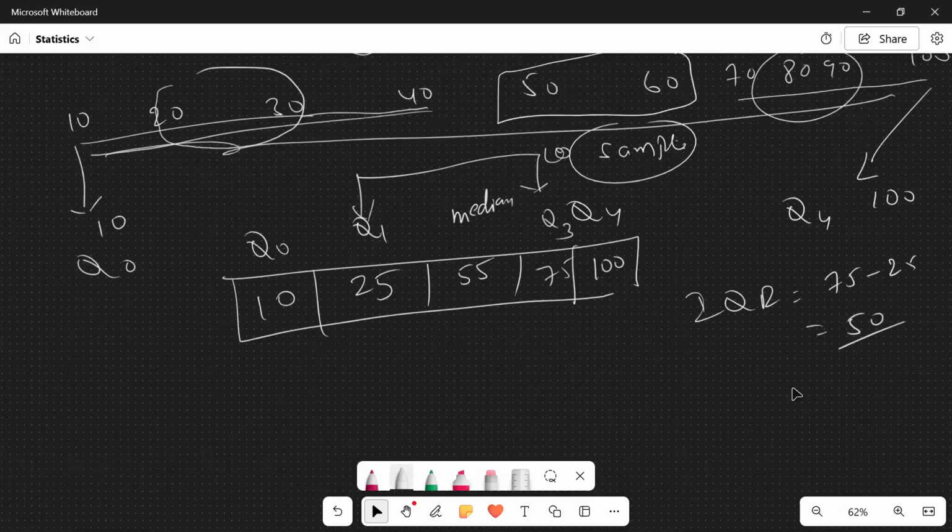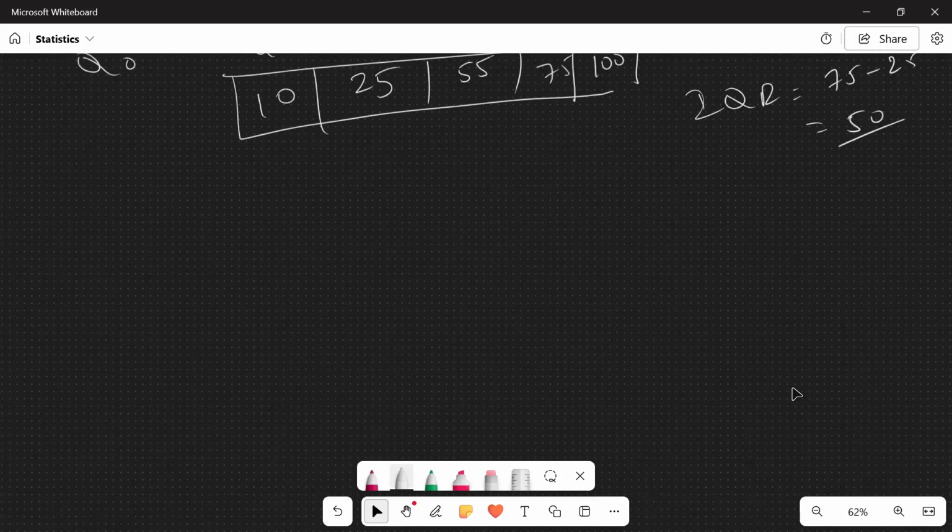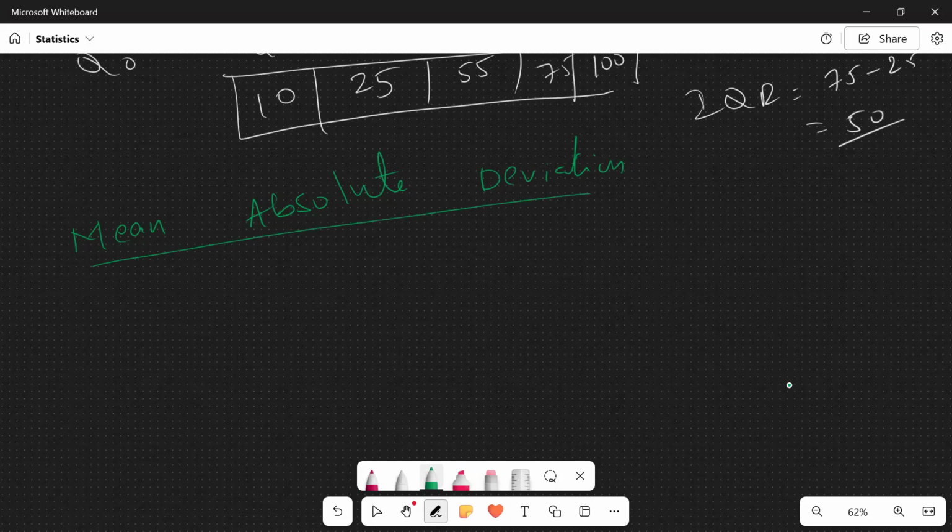We have one more metric, the mean absolute deviation. This is optional. Either we can use the variance for how the data is spreading, or the standard deviation, and we have another metric, which is mean absolute deviation.